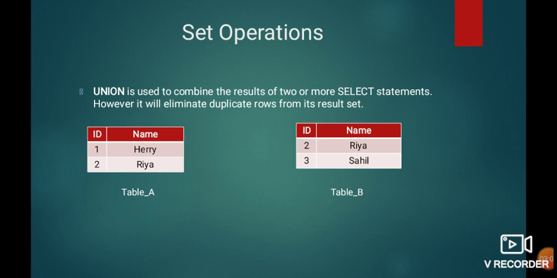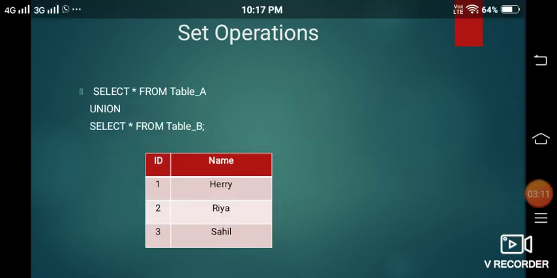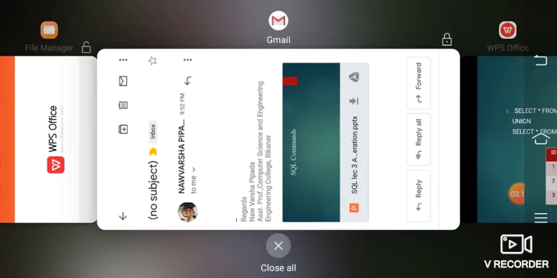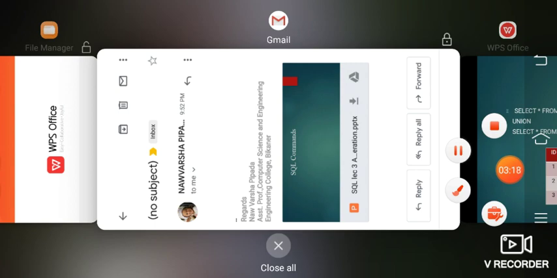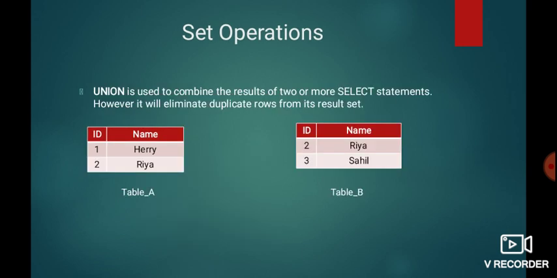So we have two entries in each table. Okay, so we will see how the union operation works. Select star from table A union select star from table B. So table A is 1 Harry, 2 Ria, 3 Sahil.